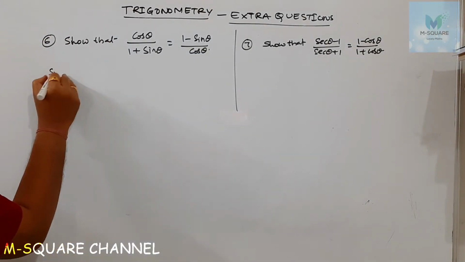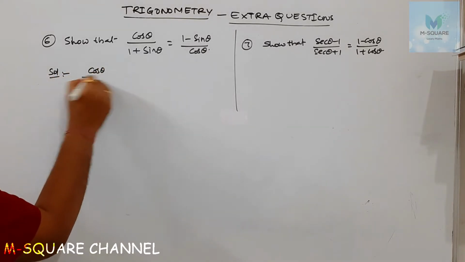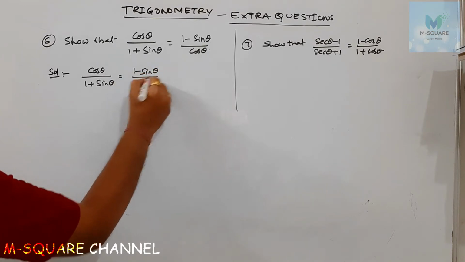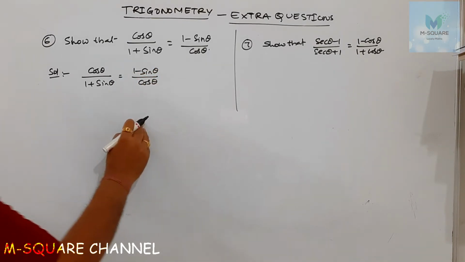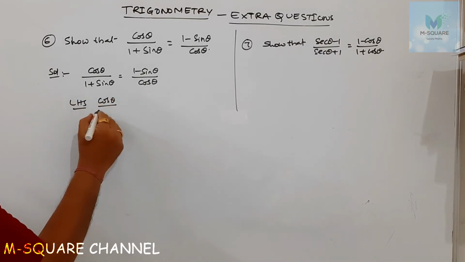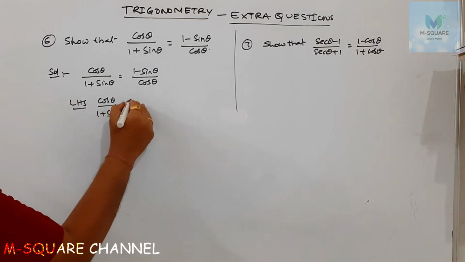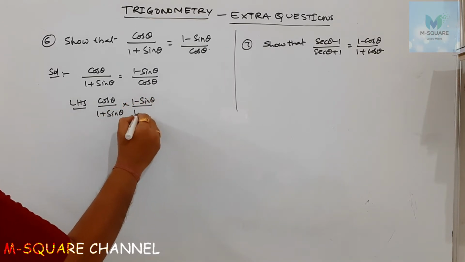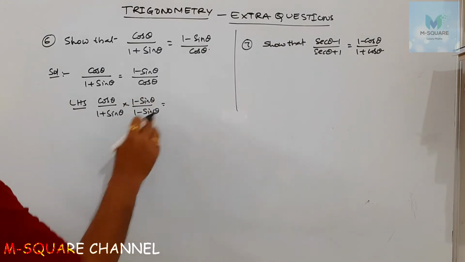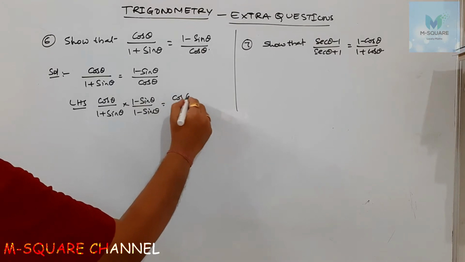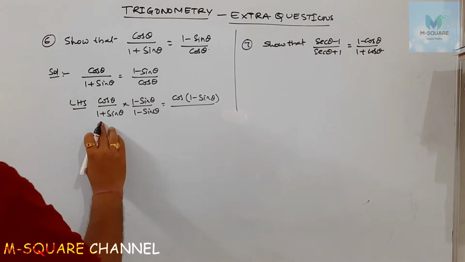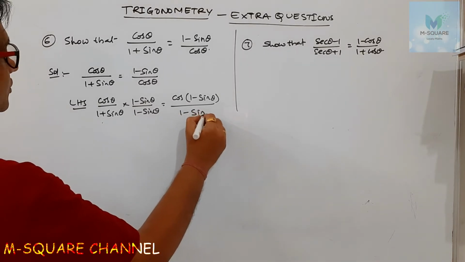Here, the solution: cos theta by 1 plus sin theta equals 1 minus sin theta by cos theta. If you take the LHS, cos theta by 1 plus sin theta into (1 minus sin theta) by (1 minus sin theta). So multiply and divide, because it is the conjugate of 1 plus sin theta. So cos theta into (1 minus sin theta) by 1 minus sin square theta, since (a plus b) into (a minus b) gives that.